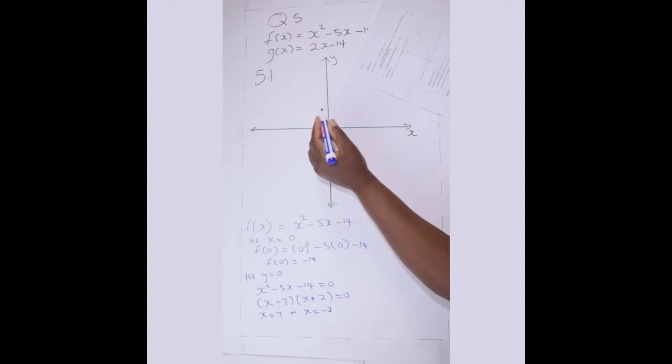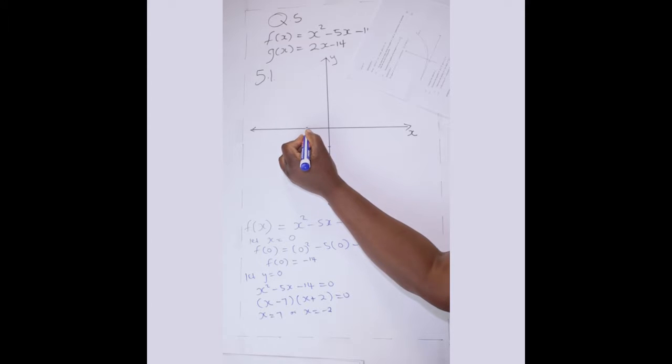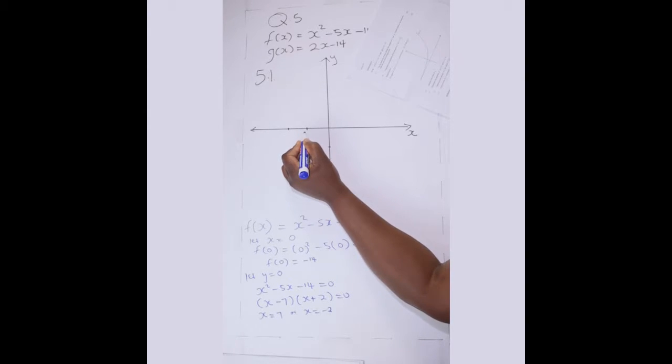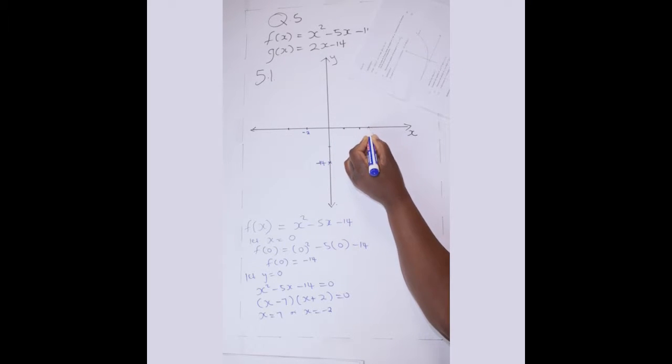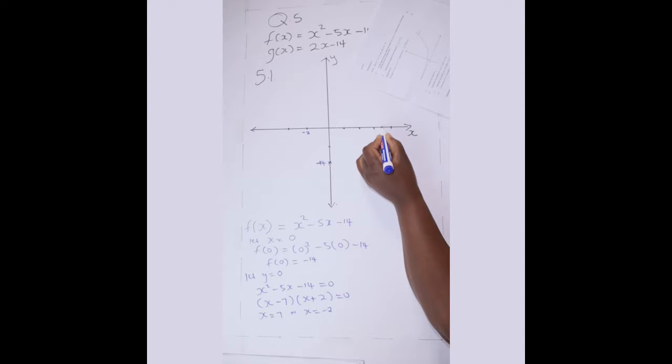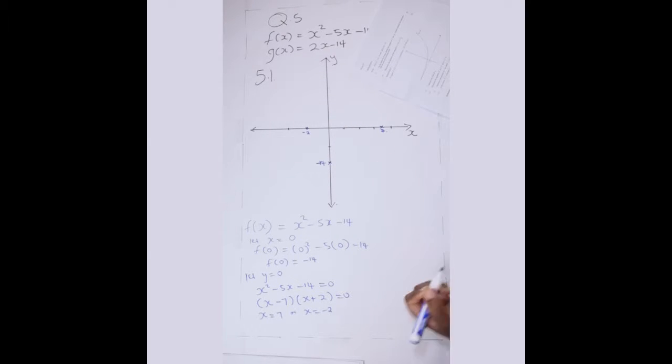So now this is our x-intercept. If this is minus 2 and this side we need a 7, so it's 2, 4, 6. Our 7 is somewhere here, so we have a 7 there. That is our x-intercept.